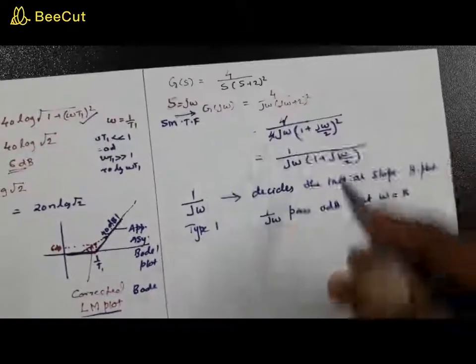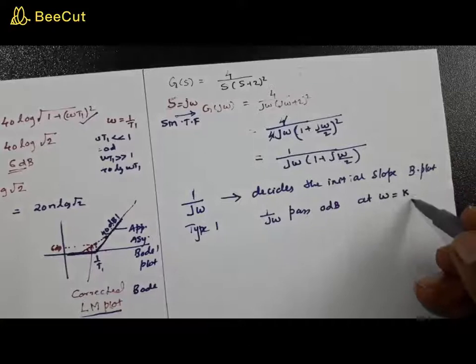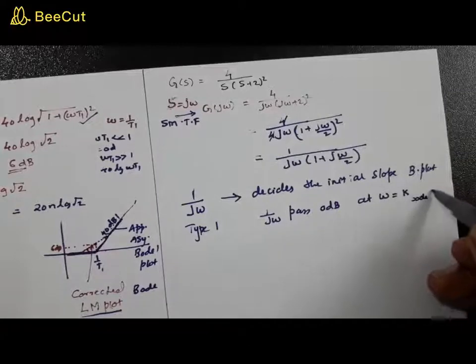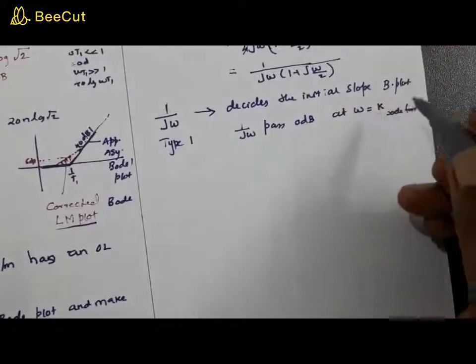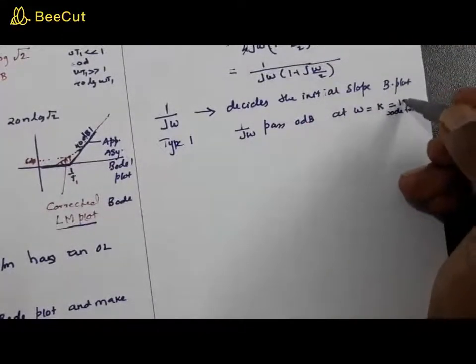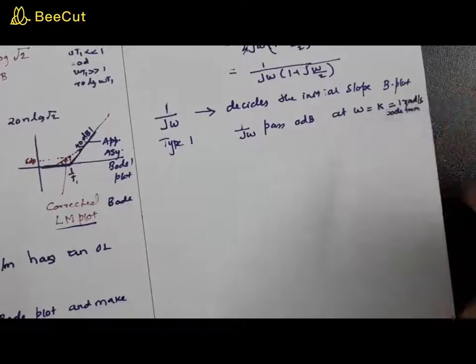And what is your new k in the Bode form? That is what we need to find. It is not this k. Do remember, when it is converted to Bode form, your k becomes equal to 1. So that means omega is equal to 1 radian per second.